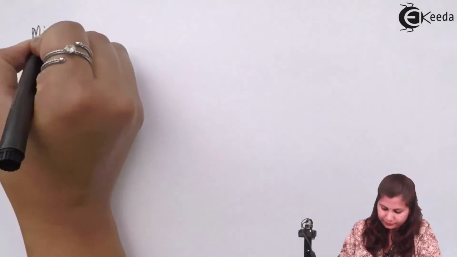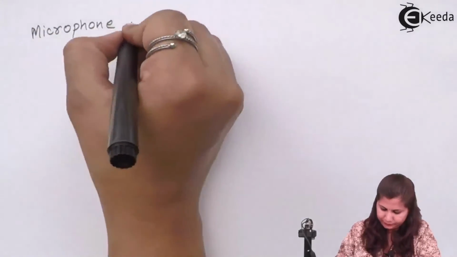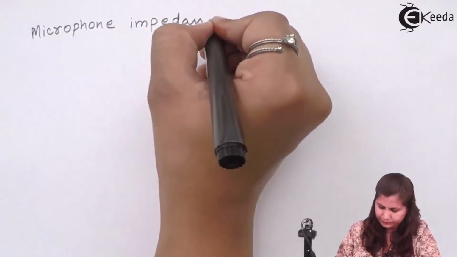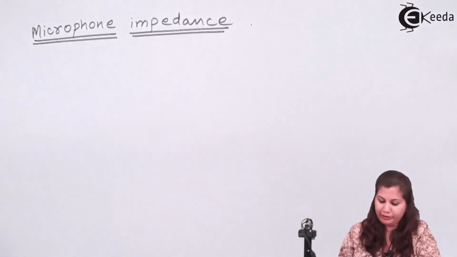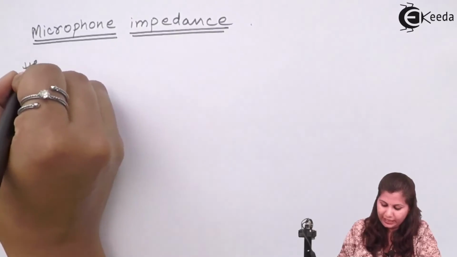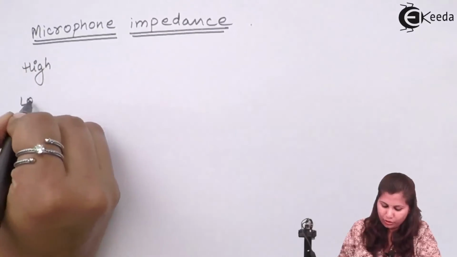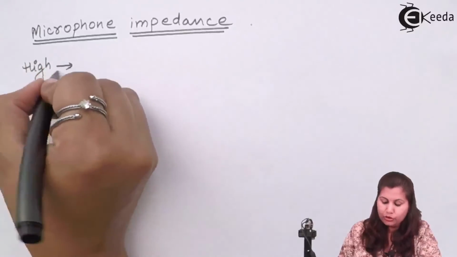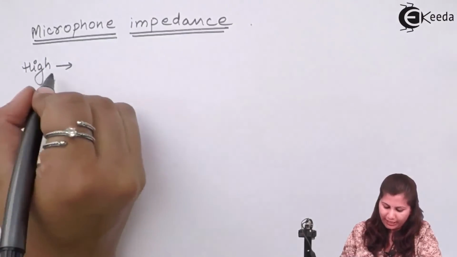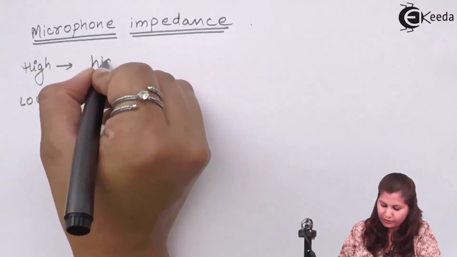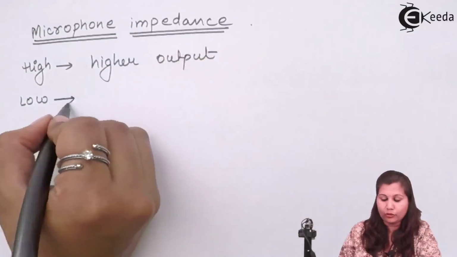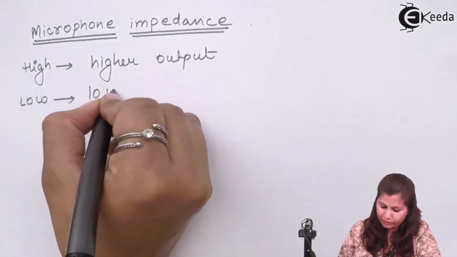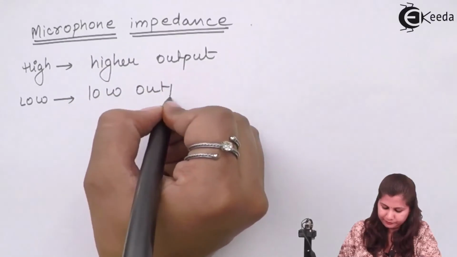Next is the impedance of the mic. So impedance also plays a very important role in the type of microphone. The microphone can have either a very high impedance or a low impedance. If the microphone has very high impedance, then it is going to give a higher output. And if it has low impedance, then it is going to give a low output.